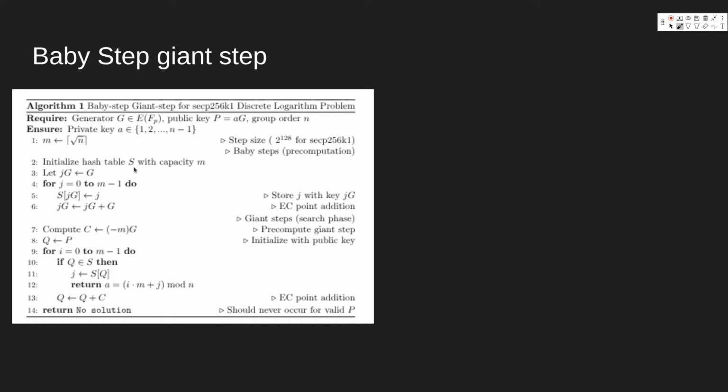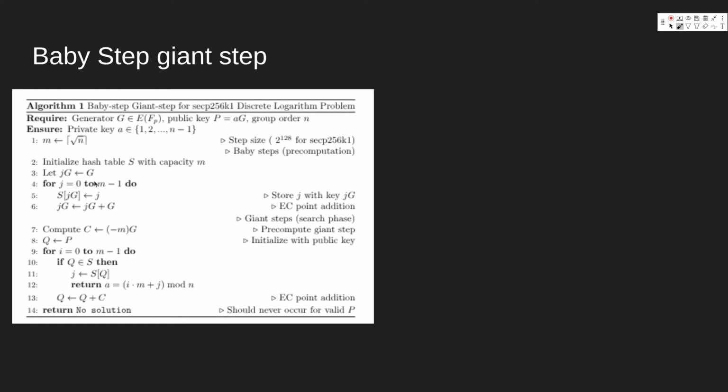And we initialize the hash table. A hash table is nothing but a dictionary used in Python. The keys will be the points on the elliptic curve that we compute. I initialize the variable called jg, initialized to g.